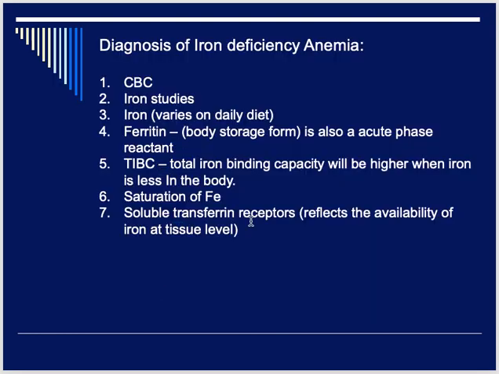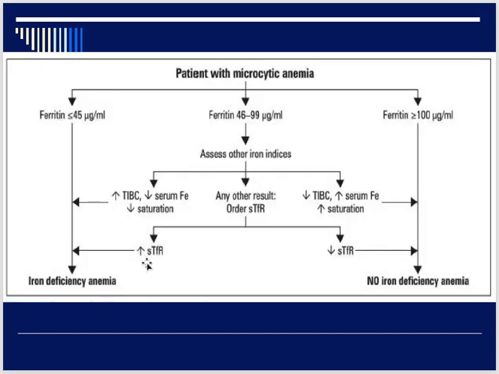Simply, when the body iron levels are less, more and more soluble transferrin receptors are expressed on the cells so that they can uptake more and more iron, and we can check their levels in the blood. Whenever this comes back higher, it means the body is hungry for more and more iron, which means iron deficiency anemia. But if this is low, it means no iron deficiency anemia.